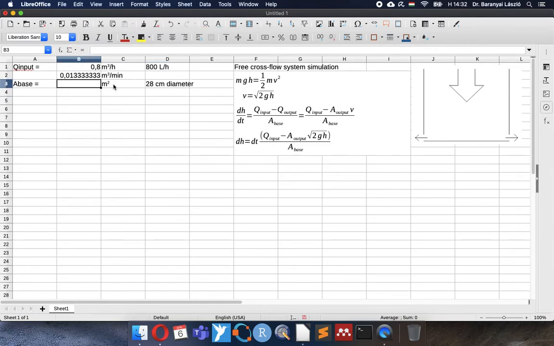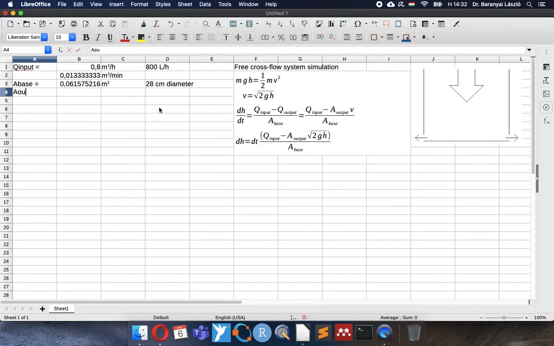So how do I have to calculate the area? The diameter on the squared multiplied by pi divided by 4. So 0.25 multiplied by pi and multiplied by the 0.28 on the square. So this will be the area in square meter of my kitchen tool.